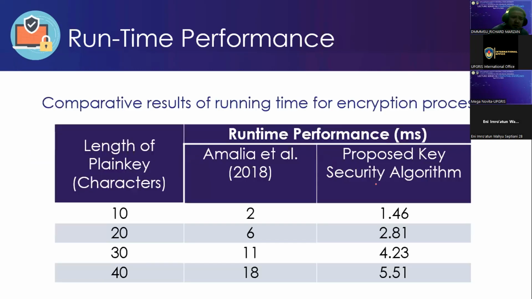Okay. So this one we have compared these results for the running time of the encryption process based from the study. This study was first solved by Amalia in the year 2018. Based from his study, if the key is encrypted at 10 characters, it comes up with 2 milliseconds. For 20 characters of plain key, it is 630.